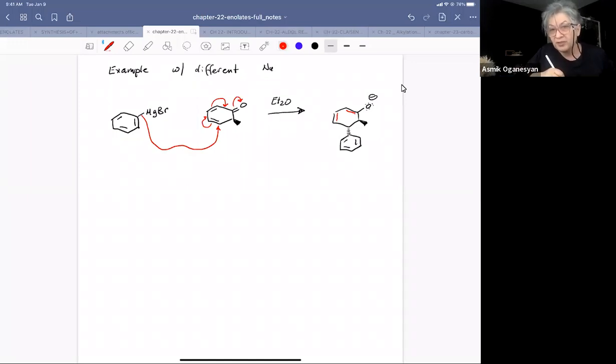Just like in the previous examples, electron density is going to go back, resonate all the way to the gamma carbon.